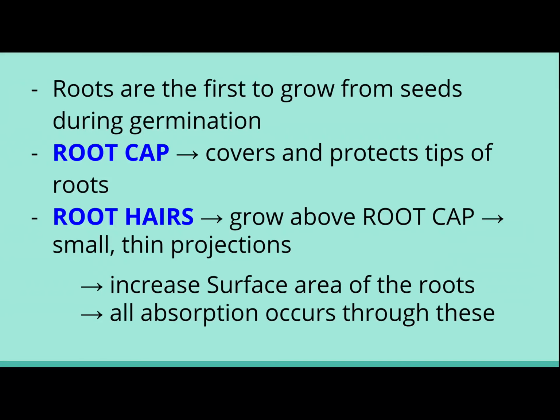They look like hairs, and they extend everywhere from the roots through the soil. They're small, thin projections, and what they do is they increase the surface area of the roots. It increases the absorption. All absorption happens through these root hairs. So the more root hairs that a root has, the higher the absorption of water and minerals that they have.